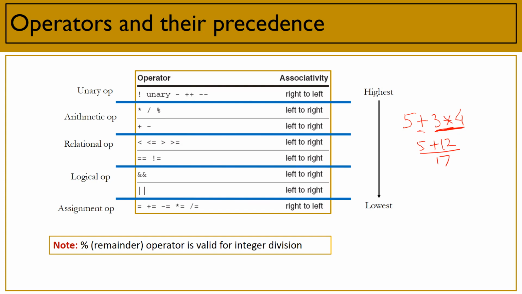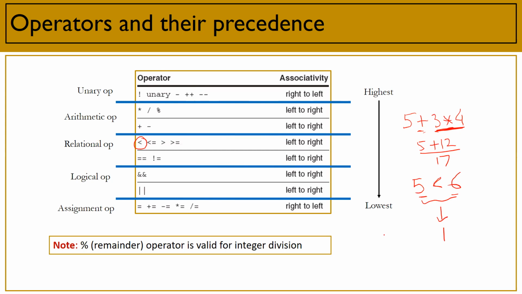There are many relational operators. One is called smaller than. If I write 5 is smaller than 6, we are comparing 5 with 6 for the smaller than relation, and we know that 5 is smaller than 6, so this will result in 1.